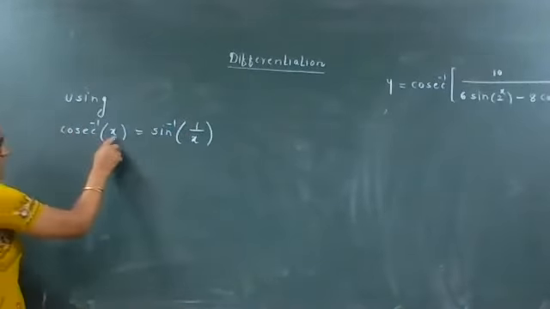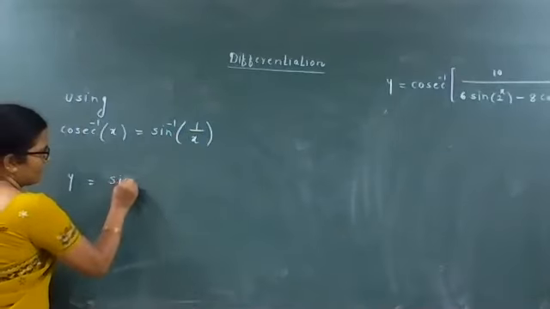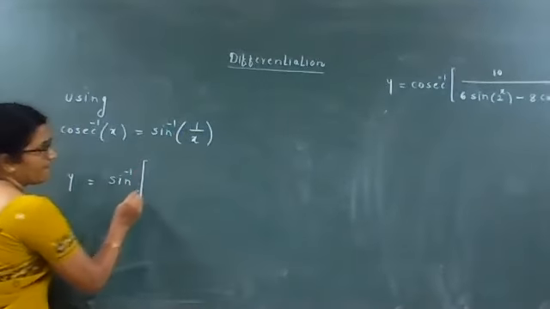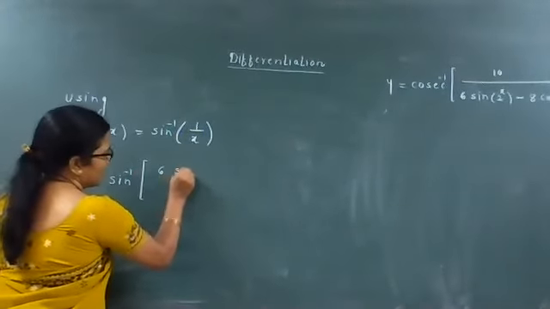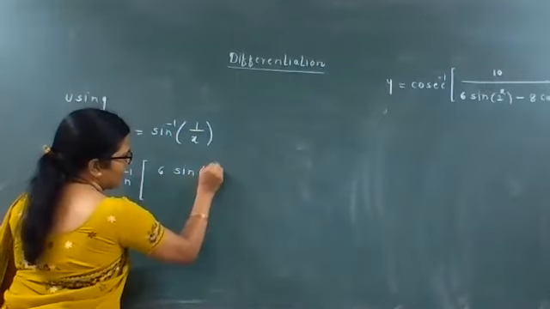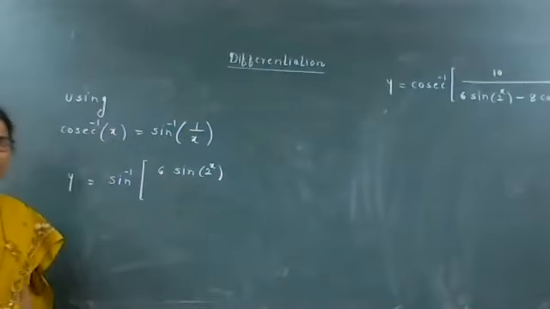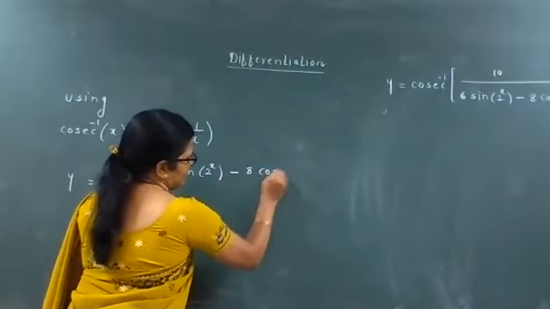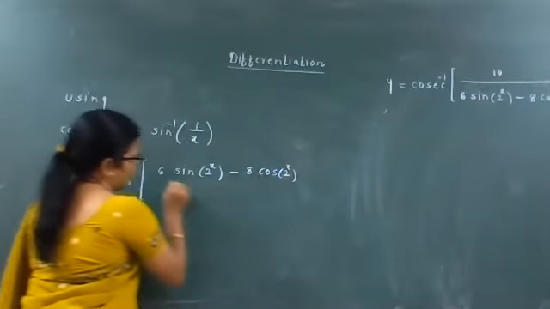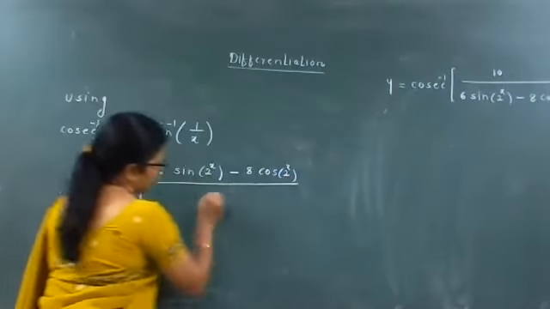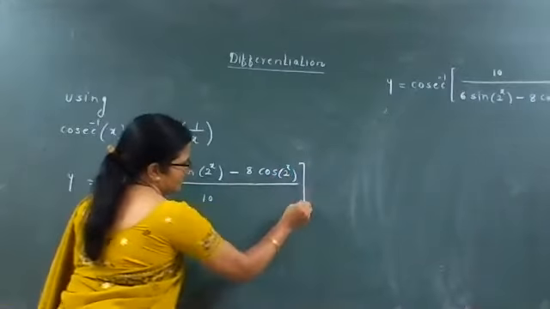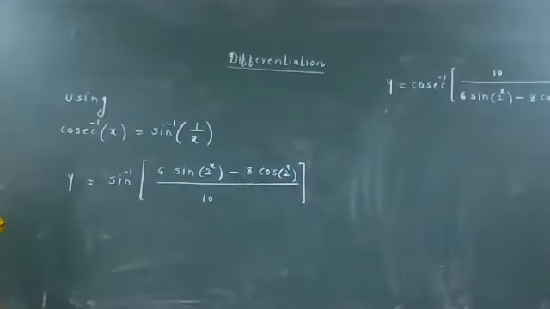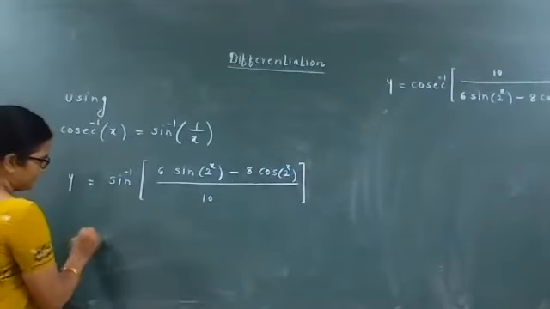So your y will change as sin inverse of (6 sin 2 raised to x minus 8 cos 2 raised to x), and this whole divided by 10. Separate the numerator in the next step.